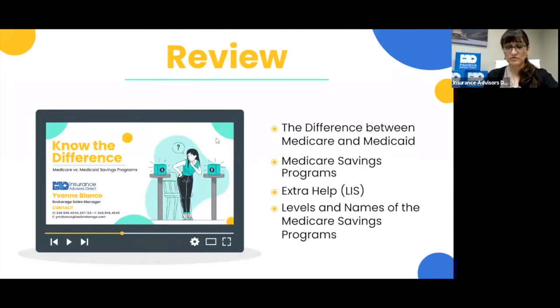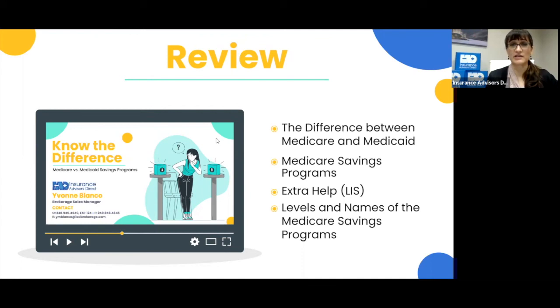So in review, we went ahead and we did the differences between Medicare and Medicaid. We found out a little bit about what that Medicare Savings Program is, right? The Extra Help LIS. These are terms that, when you are on Medicare.gov, if you are a new agent or a seasoned agent, I'm sure they would recommend as well, for those of us that are looking at plans or just wanting to talk to our possible beneficiary about those.